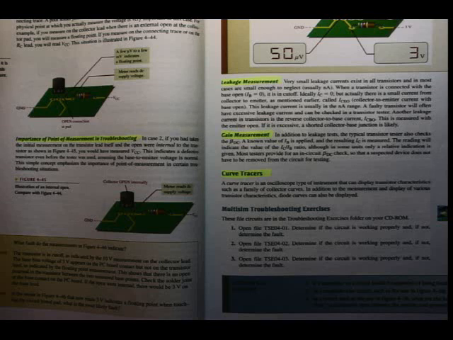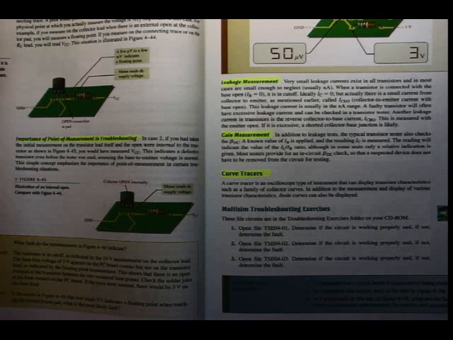A known value of IB is applied and the resulting IC is measured. The reading will indicate the value of IC divided by IB, which we know is the beta, and so I can see if the beta value is what it should be. Most testers provide for an in-circuit beta DC check so that a suspected device does not have to be removed from the circuit for testing.